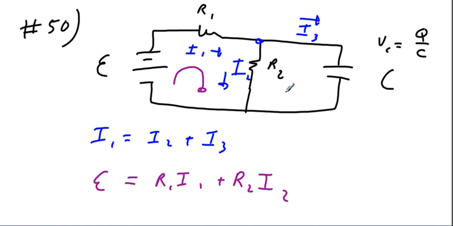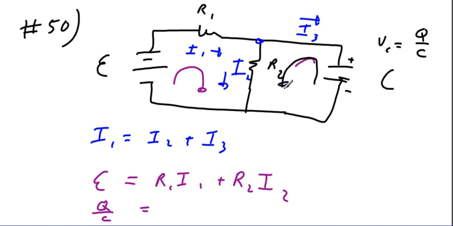And when I do a loop around the other way, I'm positive on this side and negative on that side because my current's going that way.